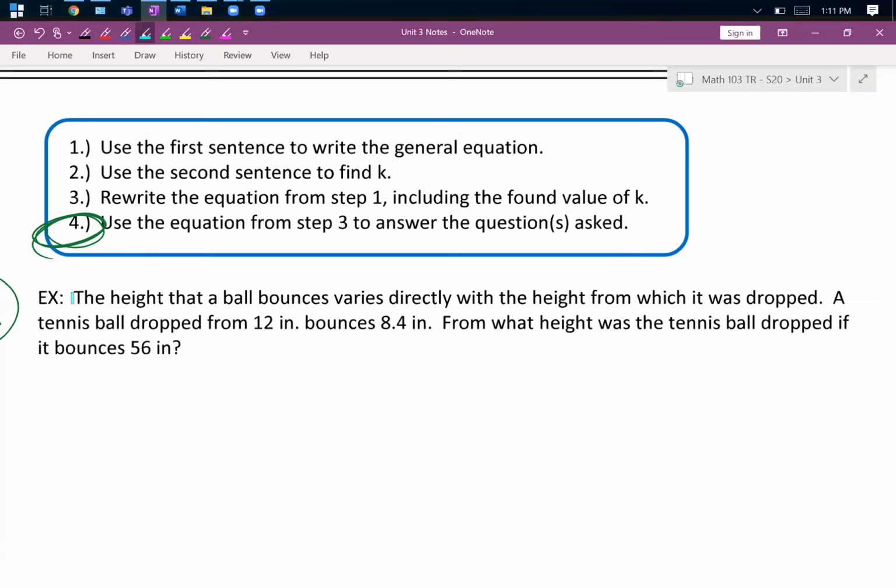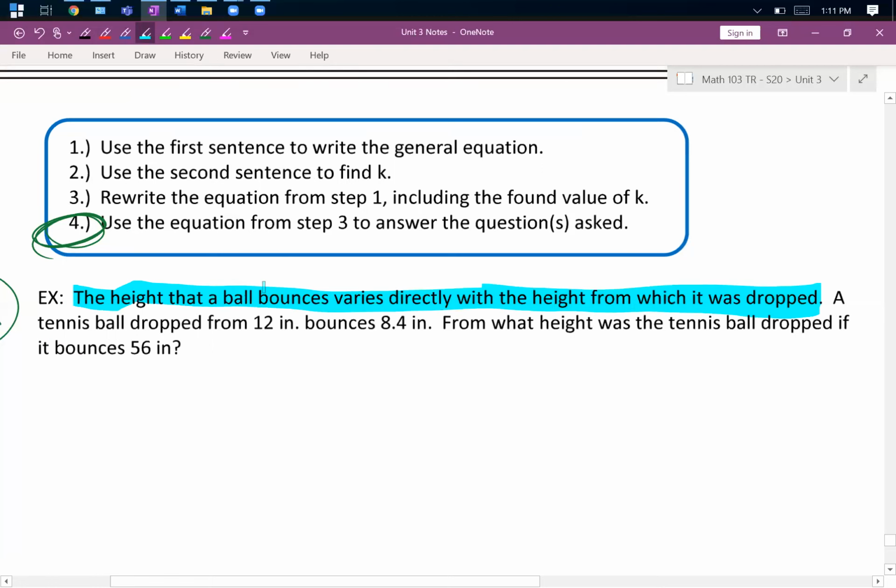We're going to start with the first sentence. This is going to give us our general equation, but that's a whole lot of words happening there. I want to strip it down to just the important words that I need. This will also help me select my variables.